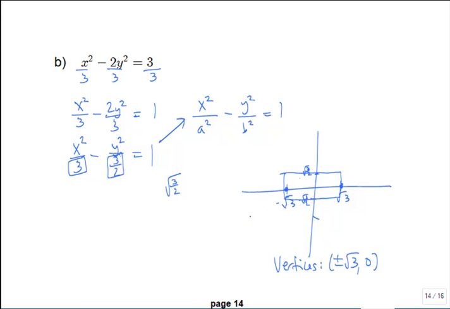So it's going to look something like that, and then I'm going to draw in my two diagonals, which are going to be my asymptotes. And then to draw the actual hyperbola, go back to your vertices, and sketch your branch so that it's squeezed in between those two asymptotes.